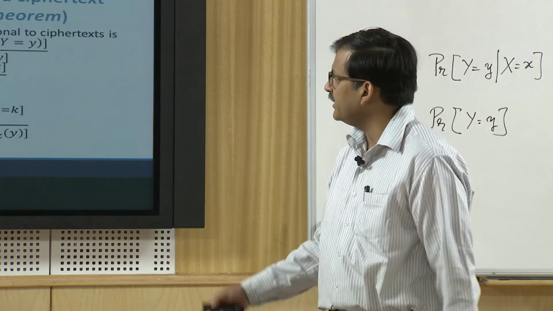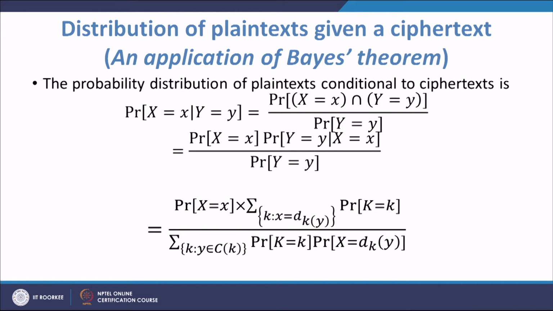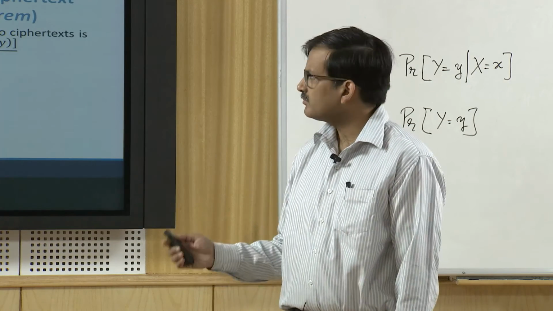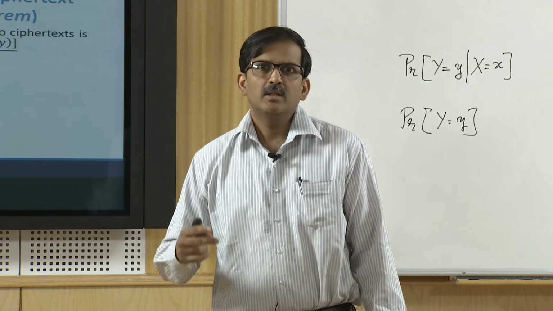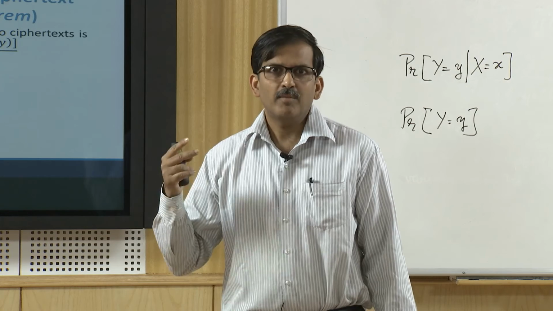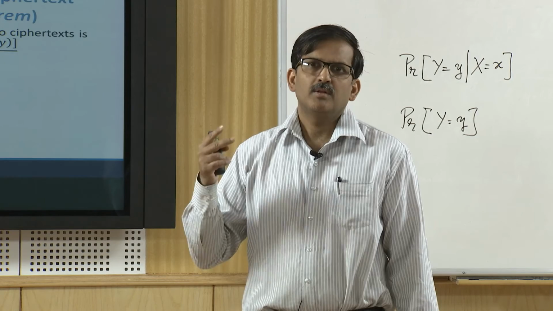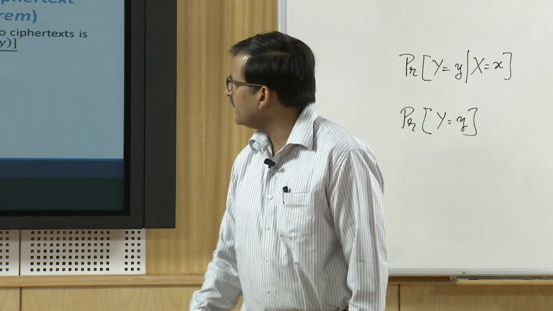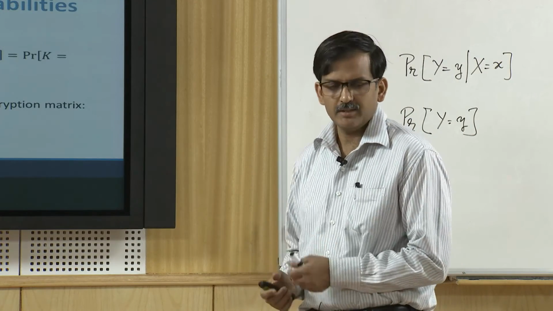So, this is the probability that capital X equal to small x given Y equal to small y, and once we have this expression, we are closer to discussing the concept of perfect secrecy as proposed or as initiated by Claude Shannon. But before that, we will take a small crypto system and see how to calculate these probabilities.